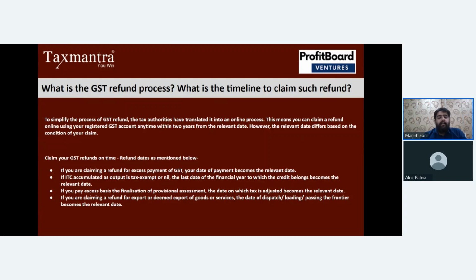And in case you have accumulated input credit and you have export or exempt sales, it becomes relevant from the first period of tax return. For example, if you are filing your return from April onwards, April 22 is the first month that you have filed your return. In that case, April 22 plus 2 years, that is March 24, becomes your timeline to claim that refund.